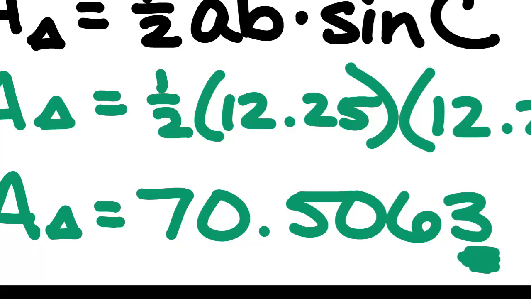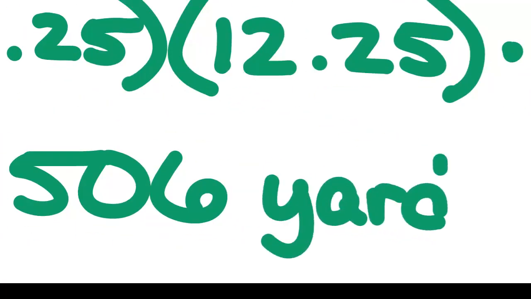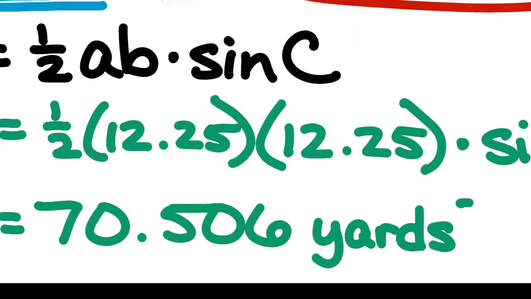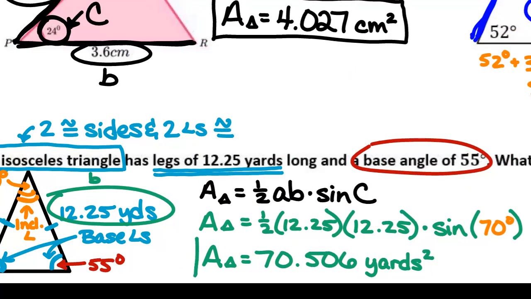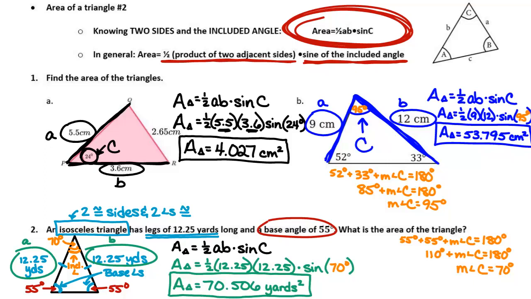If this fourth number is smaller than 5, what does that do to the number right in front of it? Keeps it the same. So this is going to be 70.506. Do we have units with this? Yards squared. Circle up my answer here. Nice job.